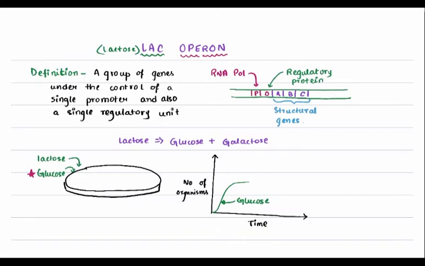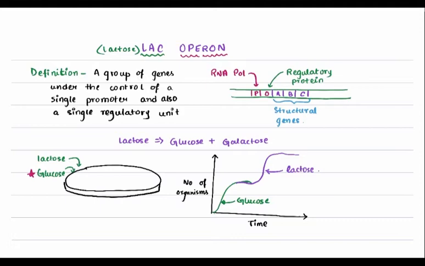Now, when it was about to decline, it would eventually sense that another type of sugar, which is lactose, is present in the culture medium, and it is going to take up the growth from here, and again it is going to flatten out. So the second part of the curve is because of the lactose which is present.